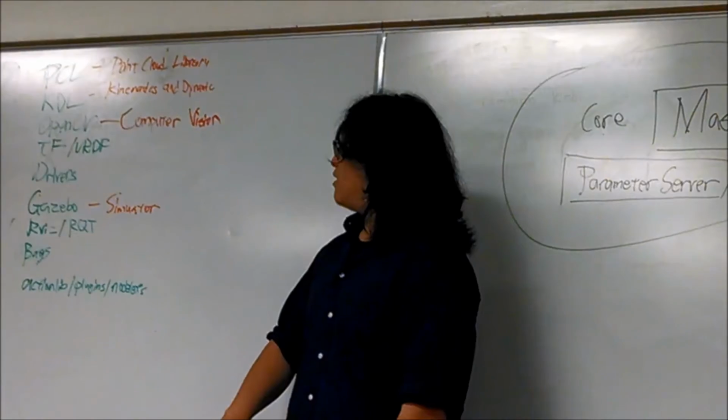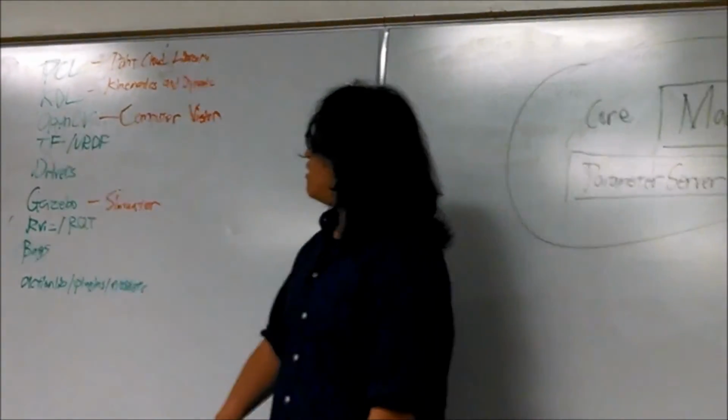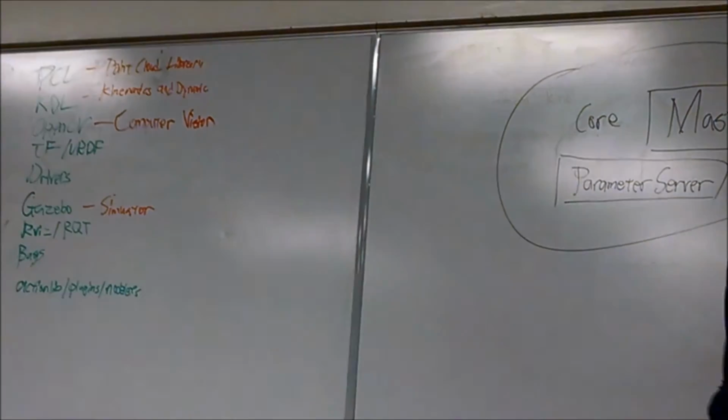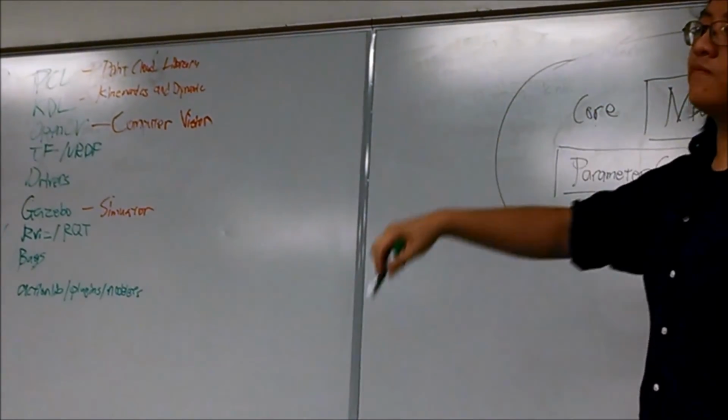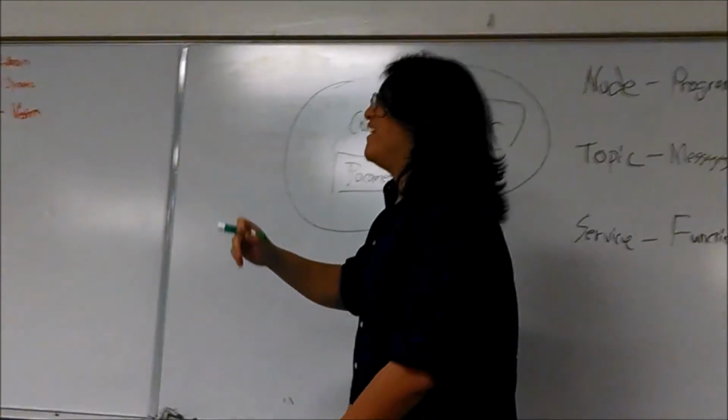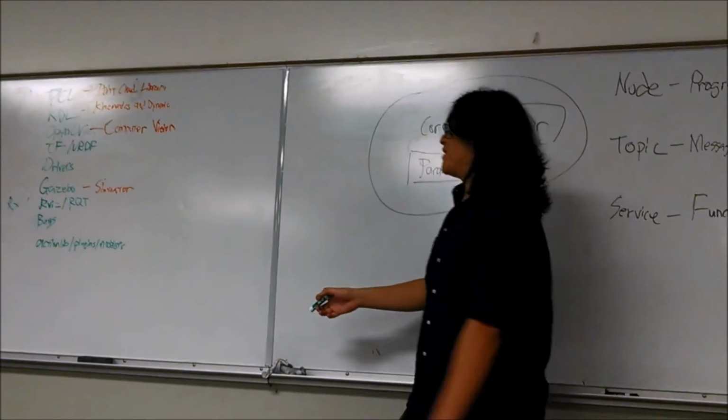Nodelets are a way to, rather than writing a node, which has its own process, run under different threads within the same process. I don't want to have to explain the difference between a process and a thread.